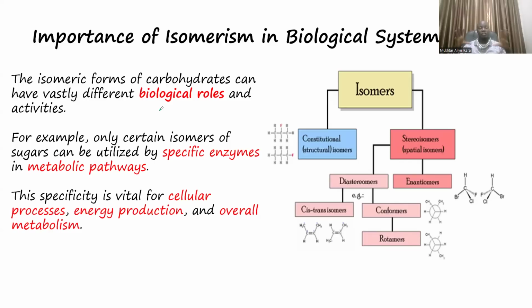So this specificity is vital for cellular processes, energy production, and overall metabolism, because enzymes are very specific. Some isomers are specific for cellular processes, energy production, and overall metabolism.